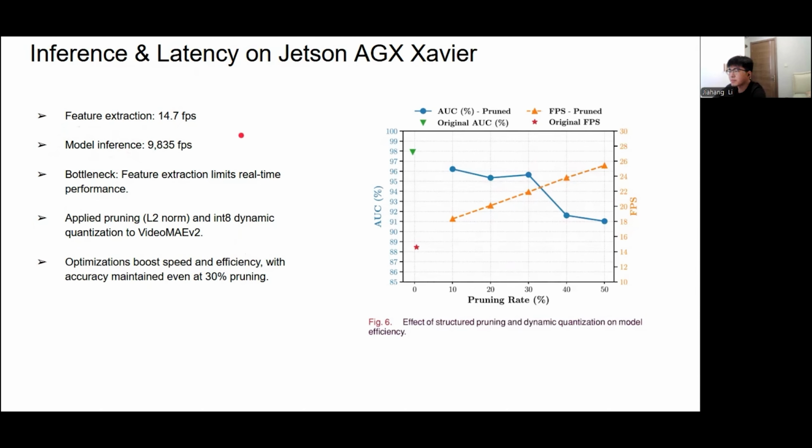To address this, we apply pruning and quantization to the VideoMAE V2 model. Then we evaluated both speed and accuracy with a pruning rate of 30%. We were able to speed up the model significantly while still maintaining high accuracy.